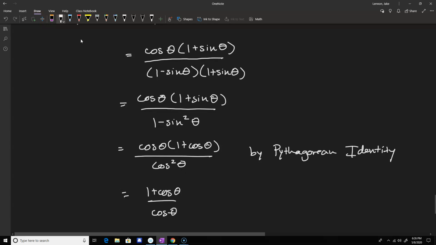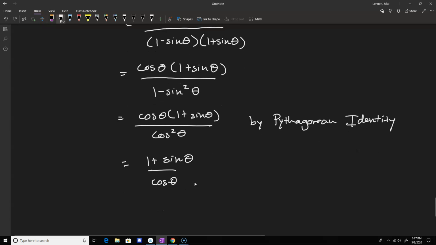Oh, sorry, somehow I switched cosine theta to sine theta, or sine theta to cosine theta, so apologies there. Inside the parentheses, we should be having 1 plus sine of theta, not 1 plus cosine of theta. So we're left with the expression 1 plus sine of theta over cosine of theta. So this is just by cancellation of cosine theta.